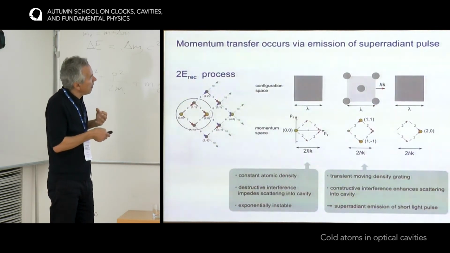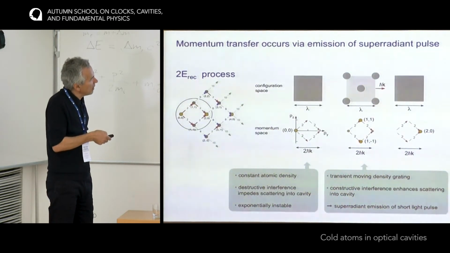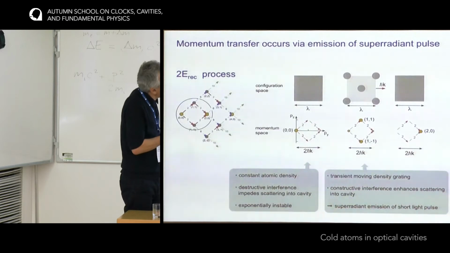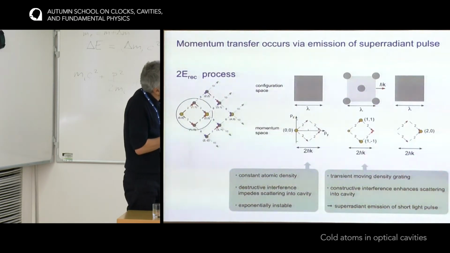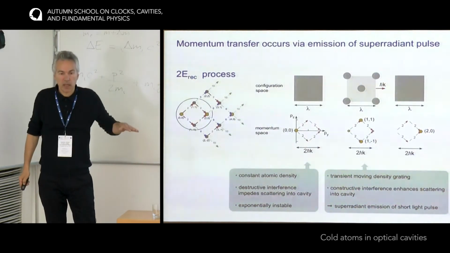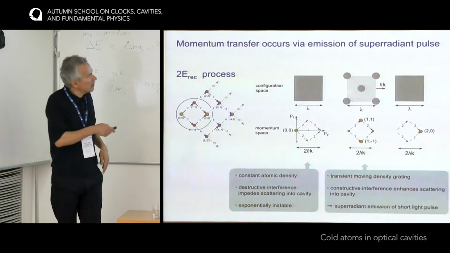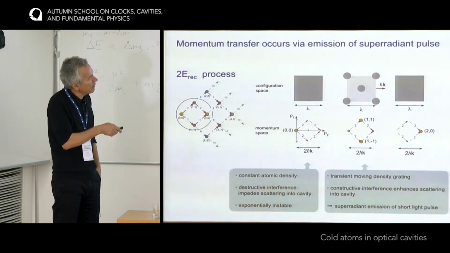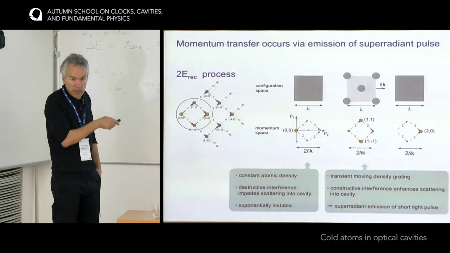So this is when we have atoms in the 1,1 and the 1,-1 state. And then scattering can go on, and if you're going to the 2,0 state, again, the density distribution is homogeneous again. So the scattering that is strongly enhanced through constructive interference from this Bragg grating is then suppressed again.